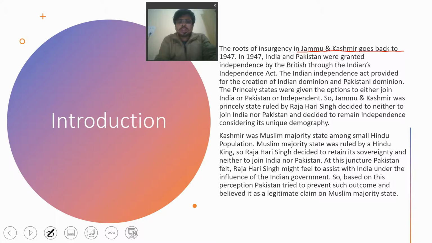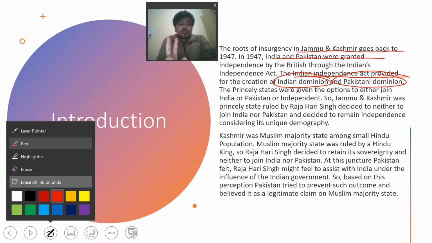In 1947, India and Pakistan were granted independence by the British through the Indian Independence Act. The Act provided for the creation of the Indian Dominion and the Pakistan Dominion.